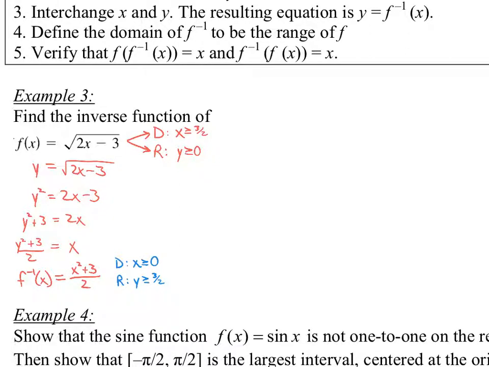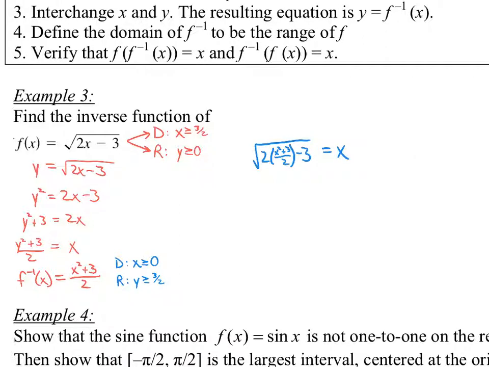Finally here, we can go ahead and do step 5. Verify that the square root of 2 times x squared plus 3 over 2 minus 3 equals x.